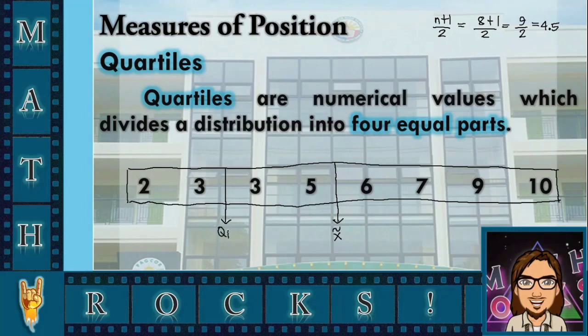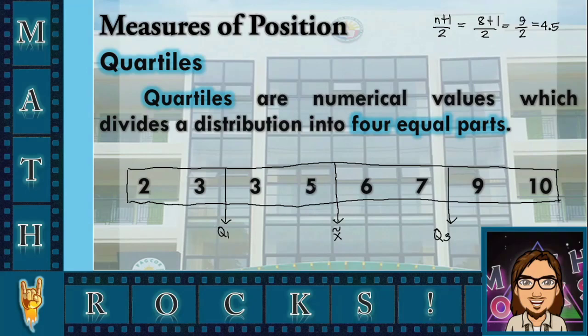By having a certain value here pertaining to the first quartile, it divides the first half into 2 equal parts having 2 observations each. We can do the same for the other half, dividing it into 2 equal halves having 2 observations each. Then we will have another quarter, and this will be your third quartile, or Q3.